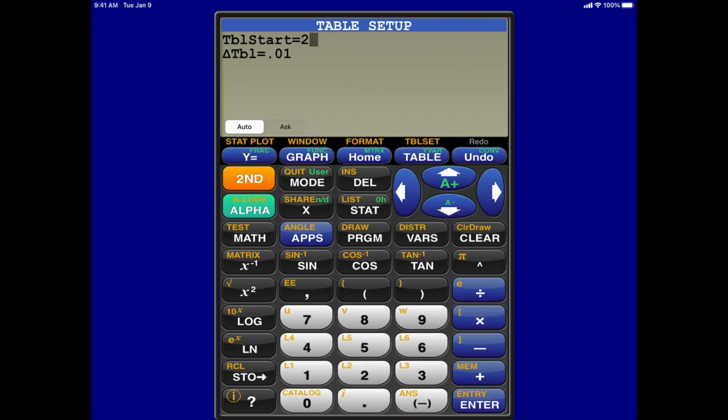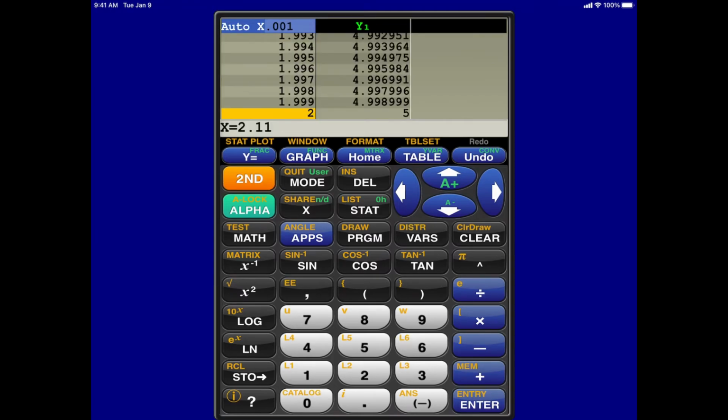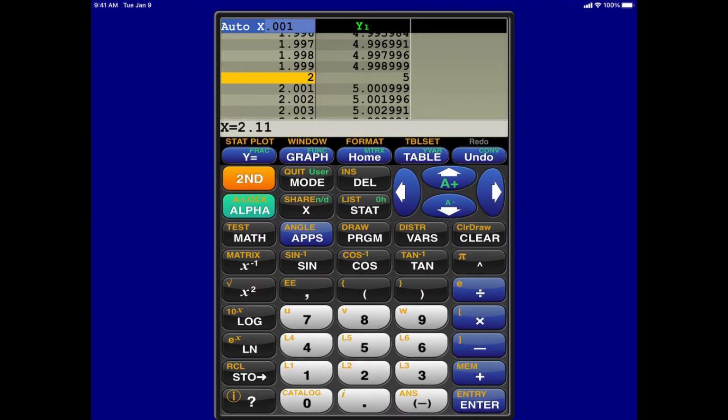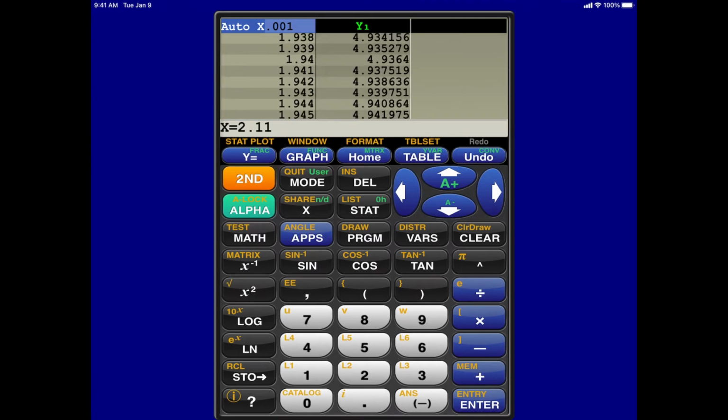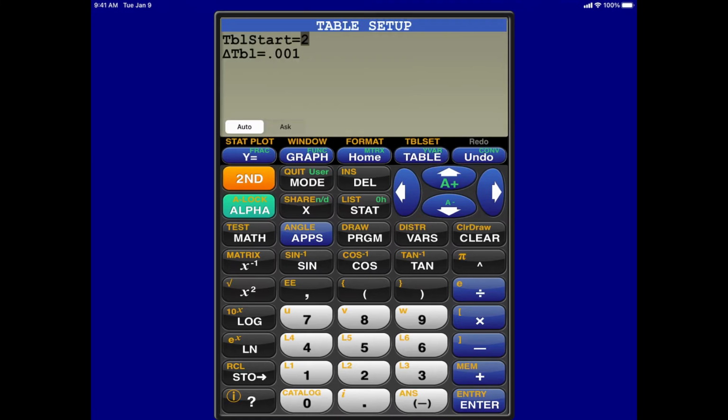Let's start at 2 and we'll go 0.001. Again, we're looking for a number very close to 0. I started at the wrong number. Let's try it again. Second table set. I want it to start at 0.2.